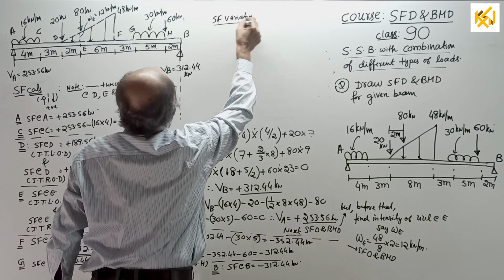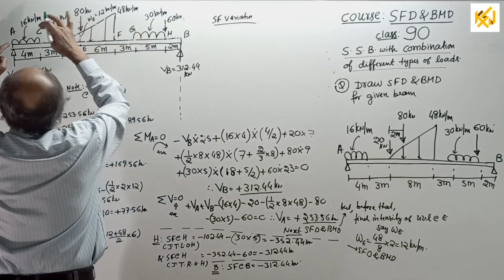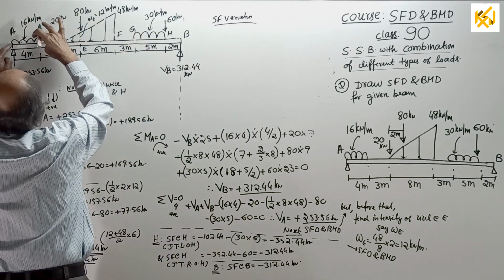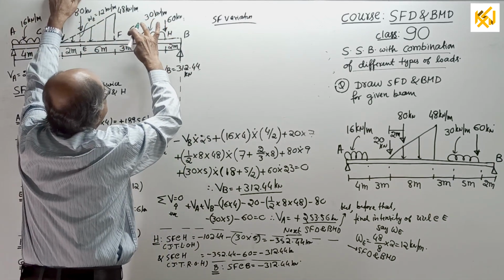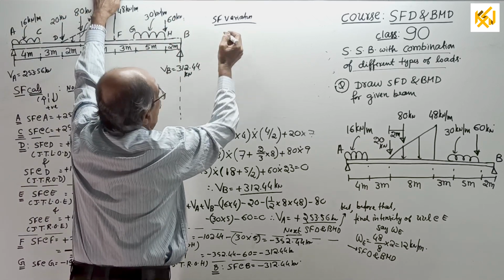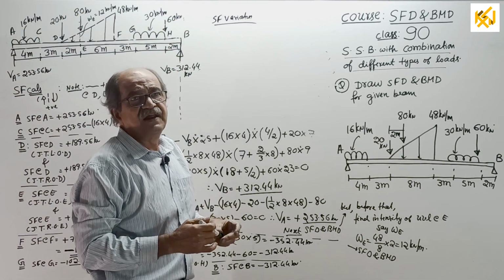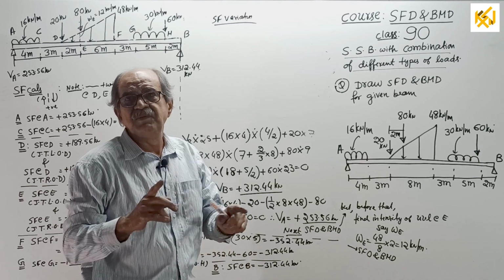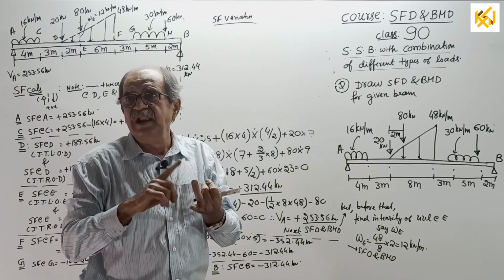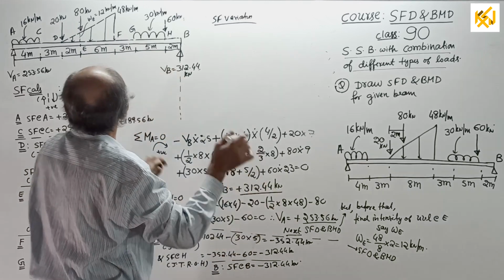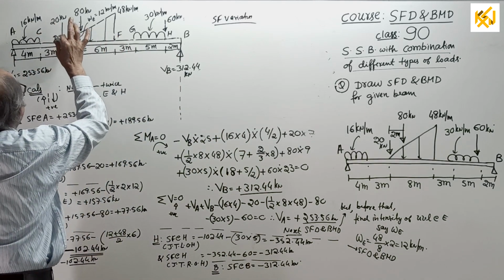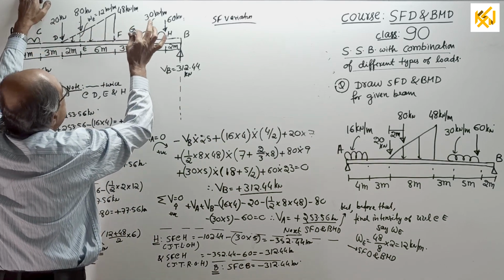Variation. How? See, A to C and also G to H are UDL. First I will do one thing: I will write the variation in such a way that constant comes first, then linear, then parabola. So see here, C to D, no load. F to G, no load.